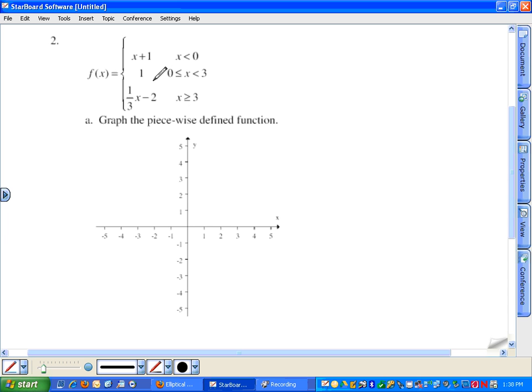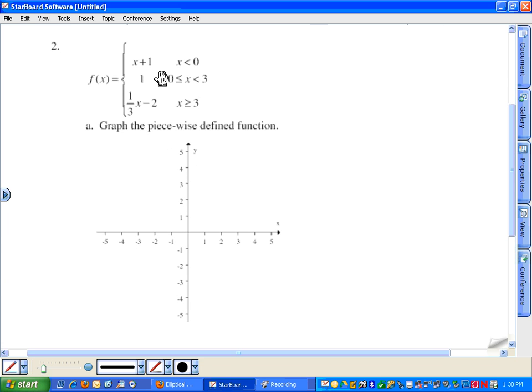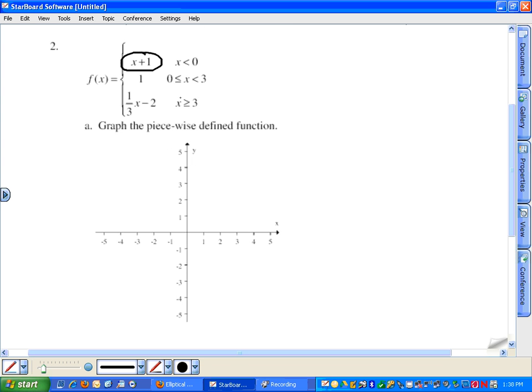So what I would suggest is at each piece of the function, make an input-output table or an XY table particular for that piece of the function. So for this piece of the function, we can't just choose any x value that we want like we normally do for a function. We are constrained here. Our x values have to be less than 0.